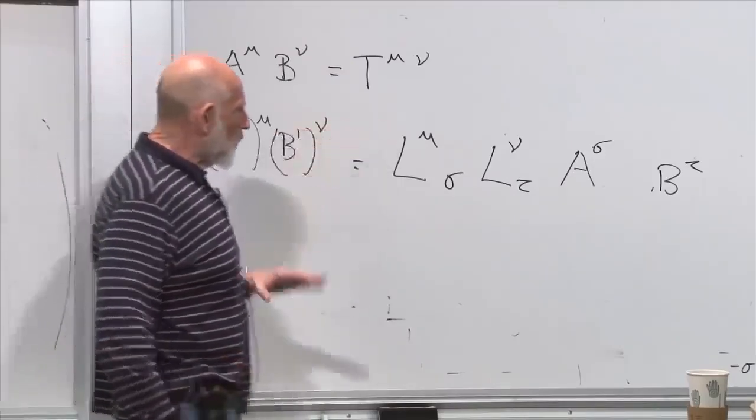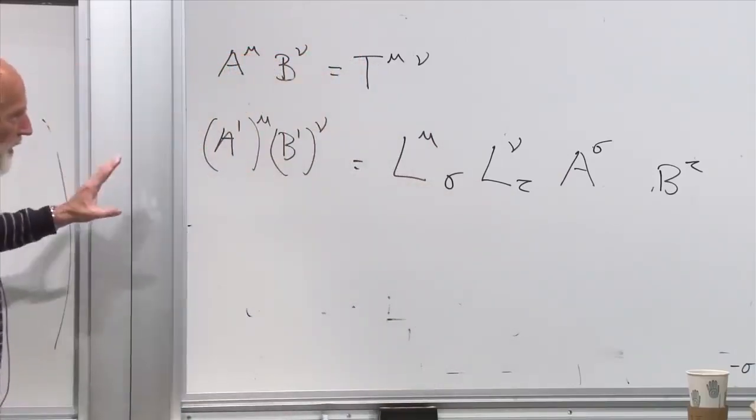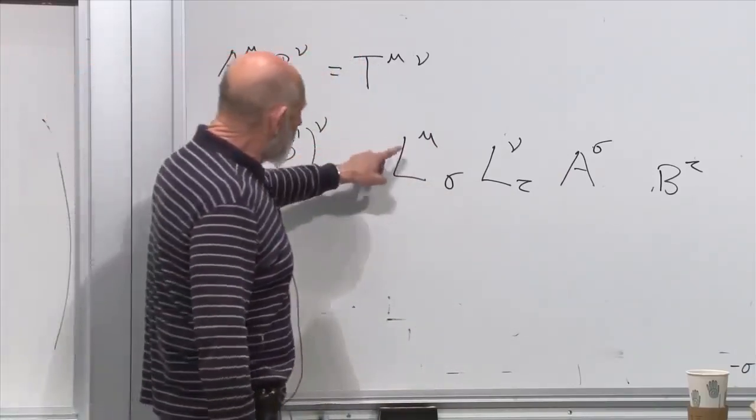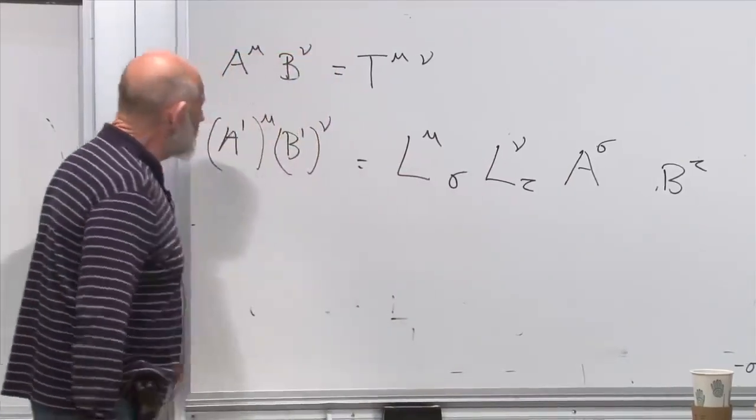So here we have a new rule about a new kind of object with two indices, which tells us how it transforms. It transforms with the action of the Lorentz matrix on each one of the indices.